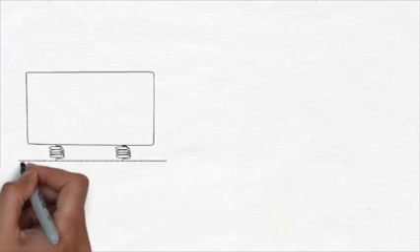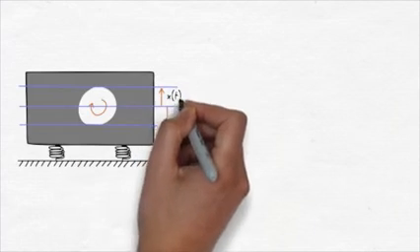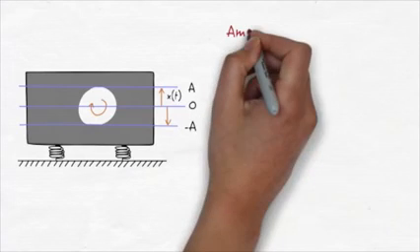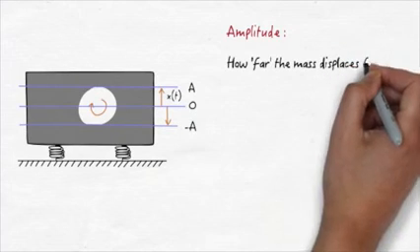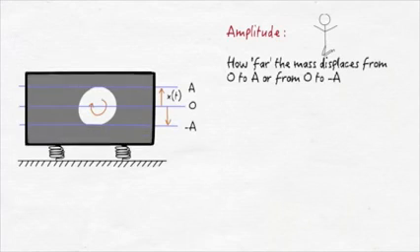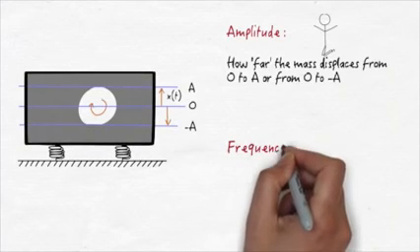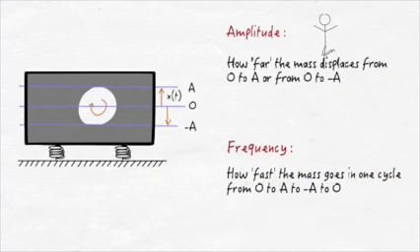Now let's look again at the machine mounted on flexible springs on a rigid floor, vibrating with maximum displacement from the equilibrium position O. The amplitude is defined as how far the machine displaces from point O to A, or from O to minus A. Meanwhile, the frequency is defined as how many times the machine goes through one cycle from O to A to minus A and back to O in 1 second.